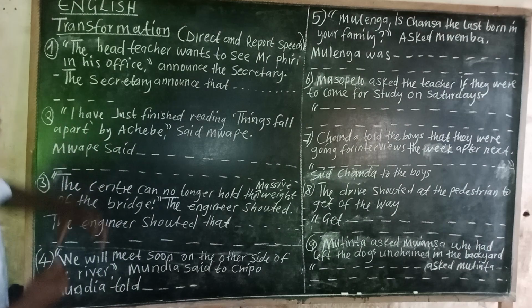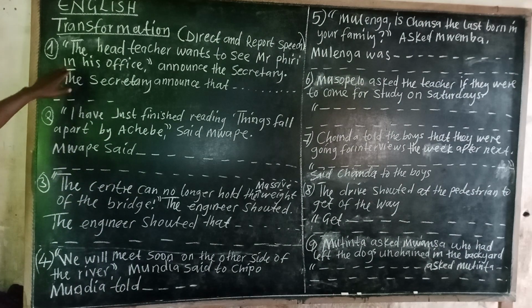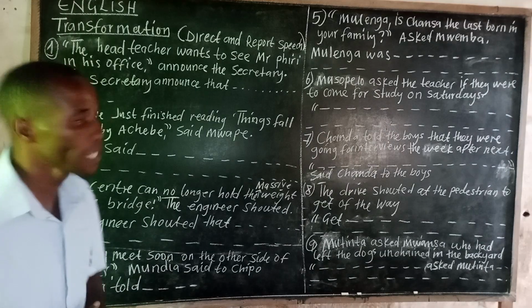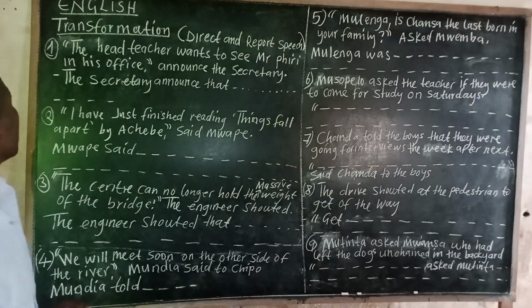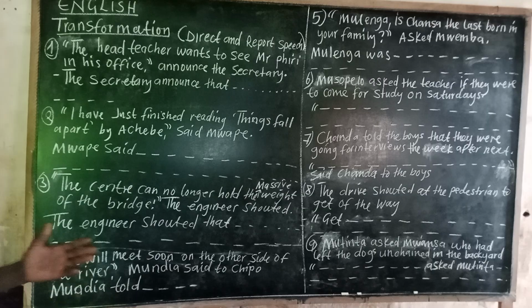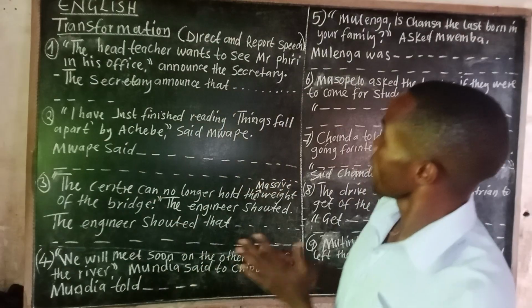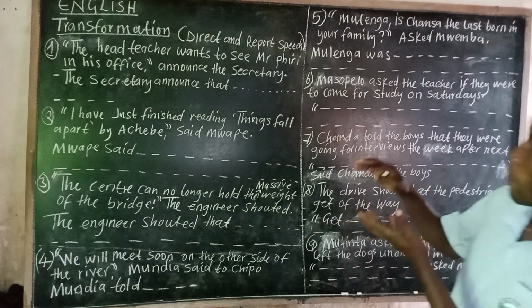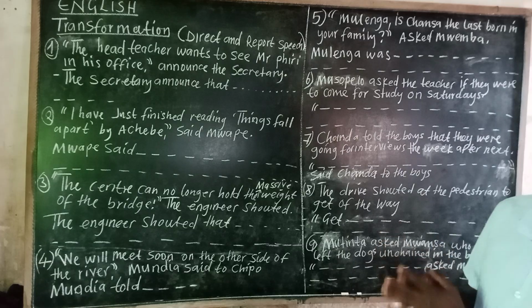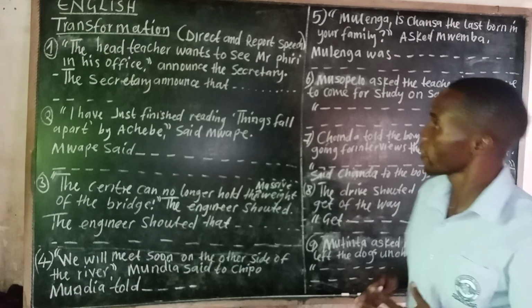Now the first question that we have reads: "The head teacher wants to see Mr. Pili in his office," announced the secretary. In the first question, we are looking at a sentence written in direct speech.